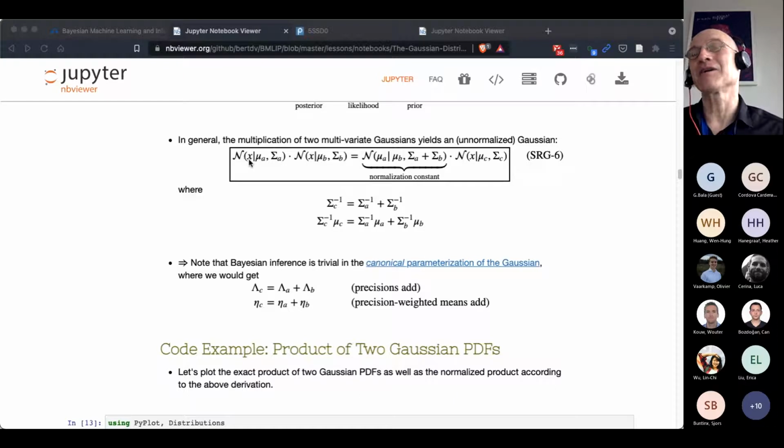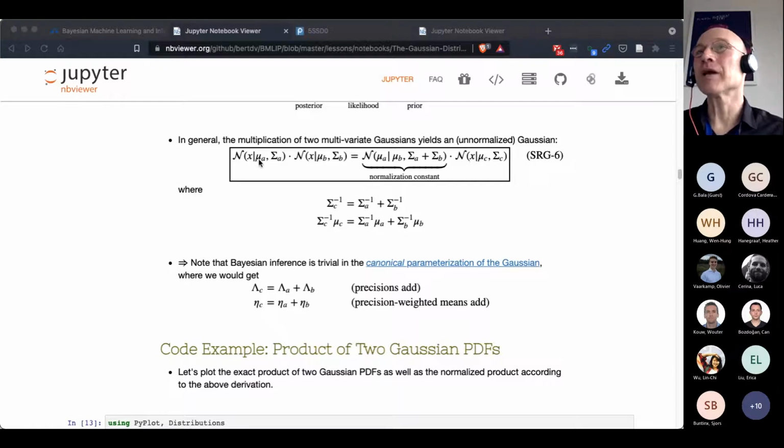So I have to have a Gaussian over the same argument, let's say x, and whatever these means and variances are, they turn into a new distribution over x with new mean and variance, and they're given here. And this thing in front is just the normalization constant, because there's nothing here that says x. It's parameter, parameter, parameter. So for given parameters, this just evaluates to some number. So it's just a number times a Gaussian.